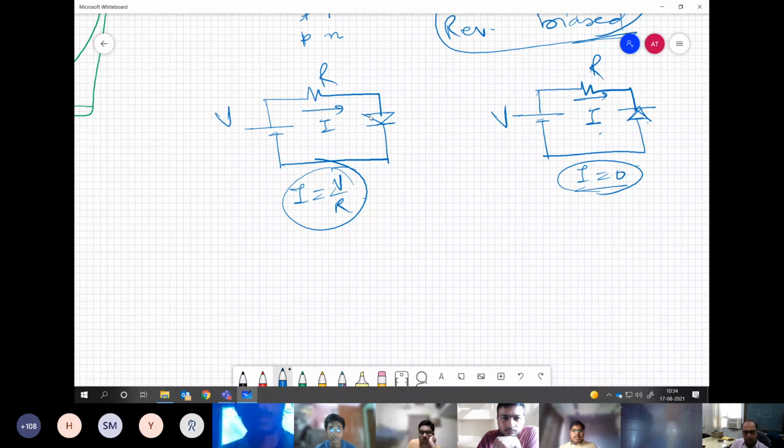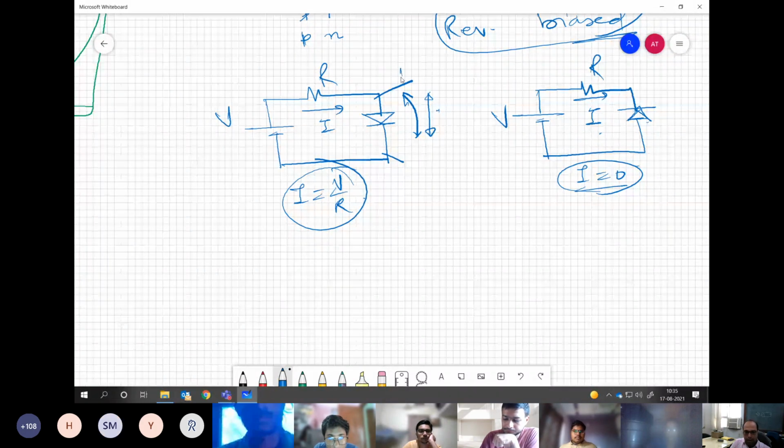The first is forward bias. We considered the ideal case of a diode, where it is a short circuit. Whenever the polarity across this diode is positive in this manner, with P having a more positive voltage compared to the N side, we say that the diode is forward biased.